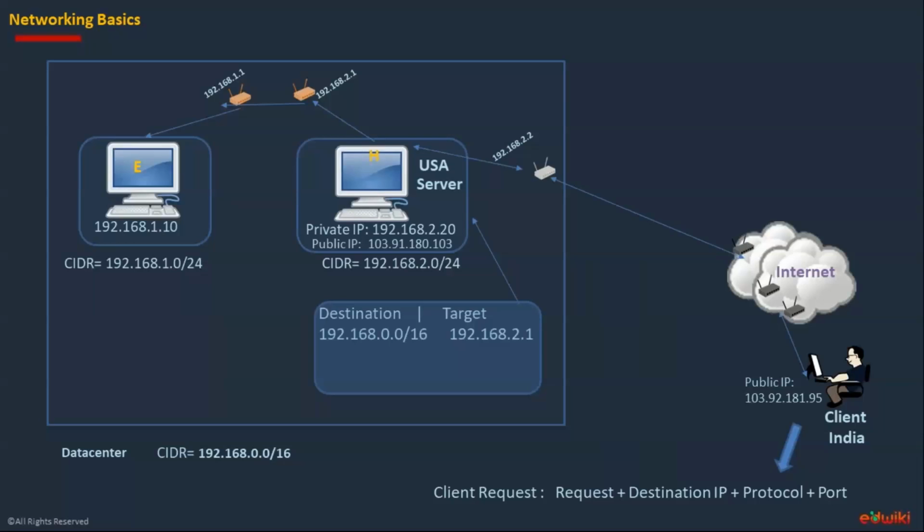When it comes to reality and practicality, we will never worry about the gateway level routing tables. We only worry about our server level. The gateway level routing table is something that will be handled by the networking team, networking administrators. That is not our responsibility. So we don't need to worry, but yes, conceptually, every gateway also will have its own rule setup.